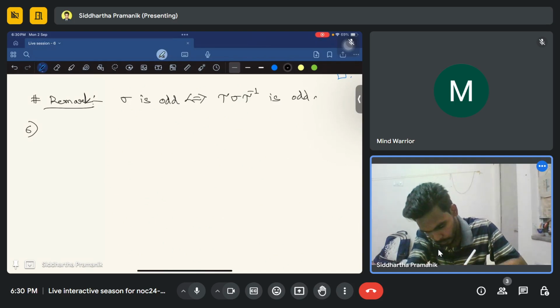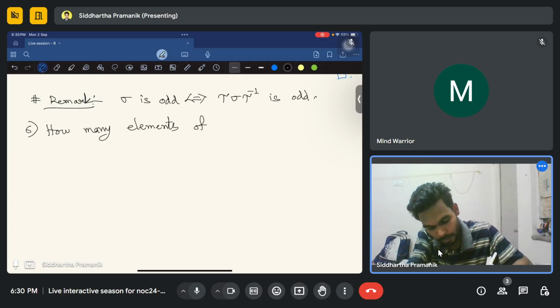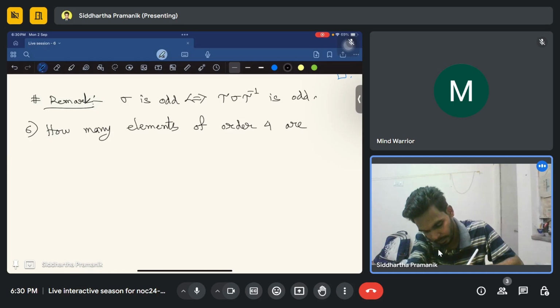So the question is, how many elements of order 4 are there in A6?